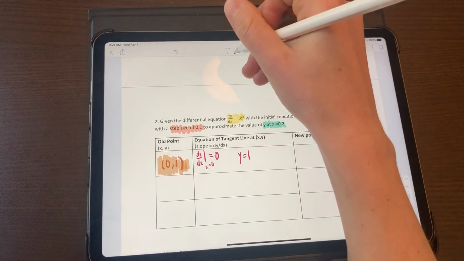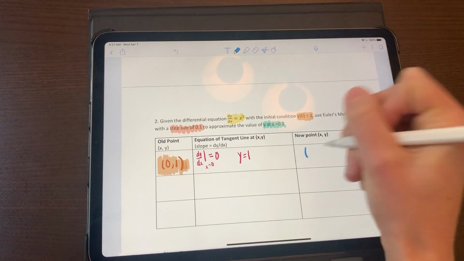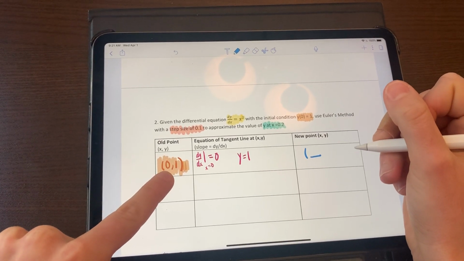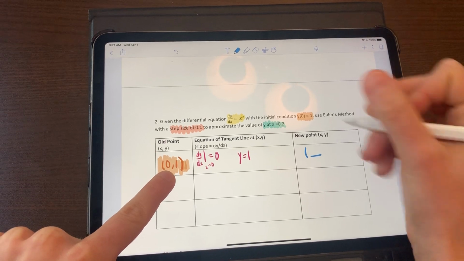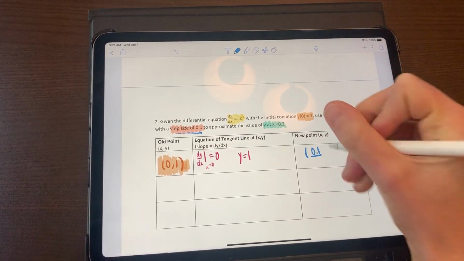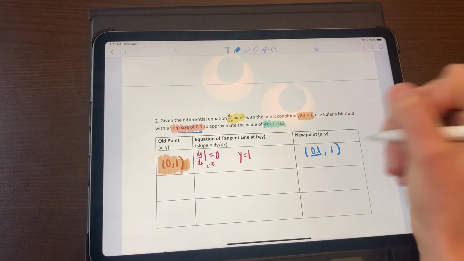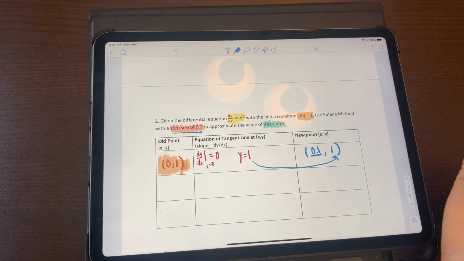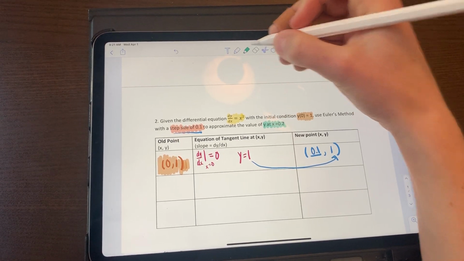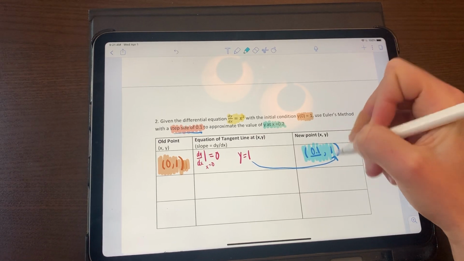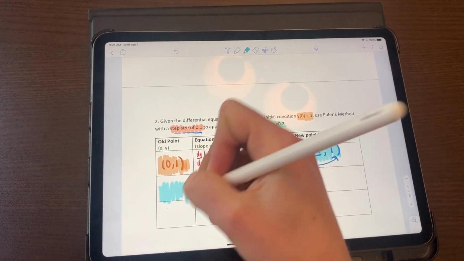So that means our new point is going to be, remember, we're going to take this old point, old x value 0, and add the step size of 0.1 to it to move it along. (0.1, 1). Okay, now we're going to take this new point as our old point.